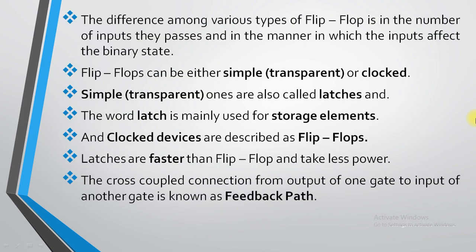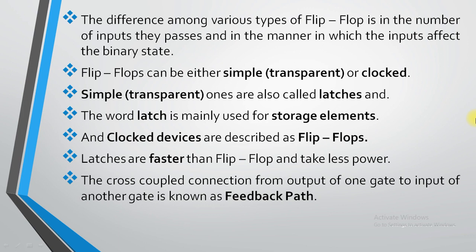So when you attach a clock, it is called a flip-flop. But when it is simple or transparent, it is considered a latch. Latches are generally used to store data, right? Now see, latches are faster and take less power.